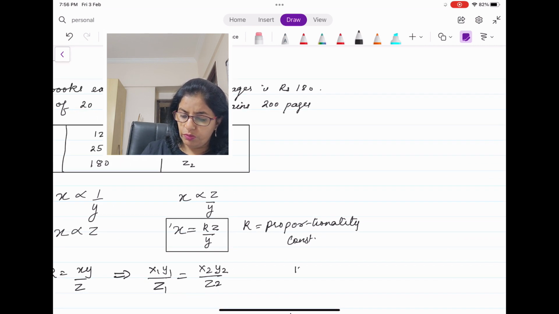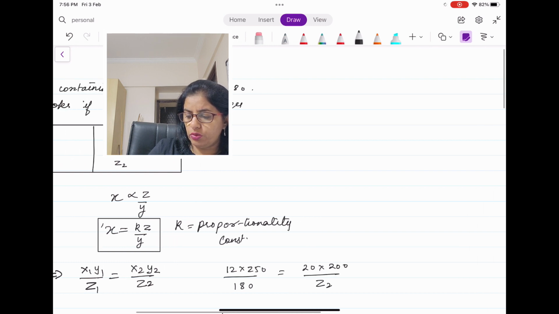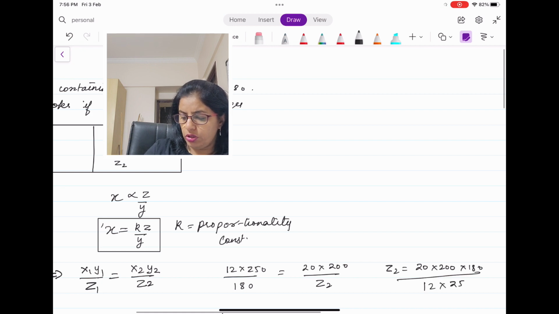So we place the values: 12 into 250 upon 180 is equal to 20 into 200 upon z2. Solve this for z2. z2 becomes 20 into 200 into 180 upon 12 into 250.